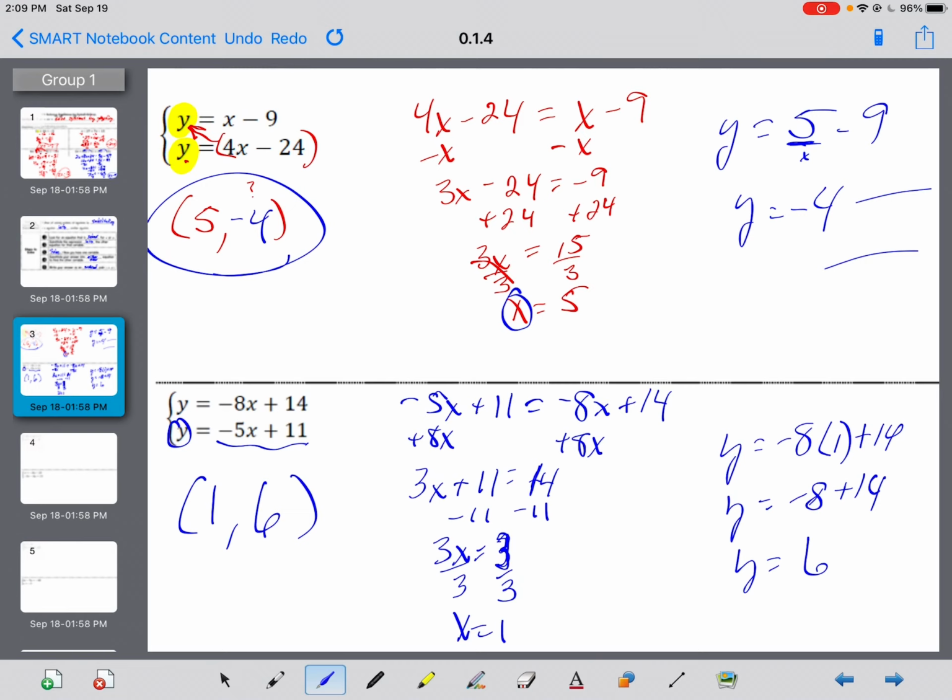We talked about that last section. If it is a solution to the system, it must make both equations true. So if I plugged in negative 5 times 1, it needs to equal 6 plus 11. 6 equals negative 5 plus 11, so 6 equals 6. Why, yes it does. So definitely the right answer.